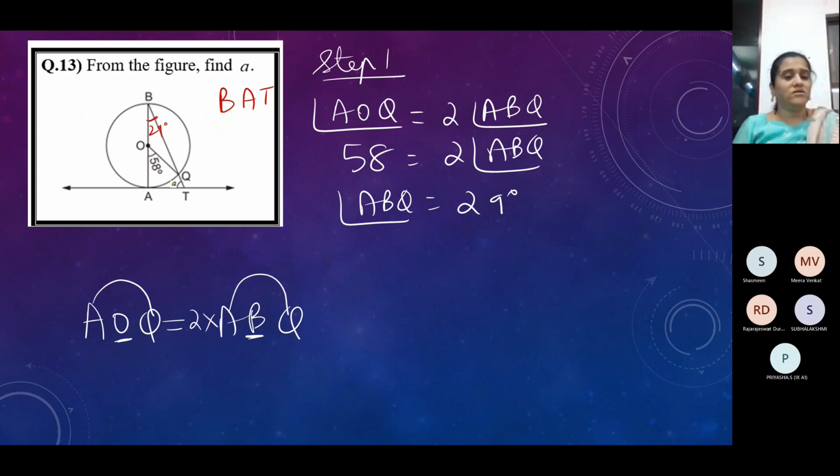So we may have got caught there. A is an angle of the quadrilateral OATQ as well as of the triangle.